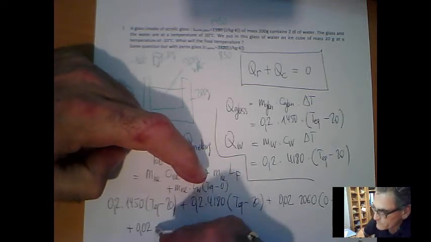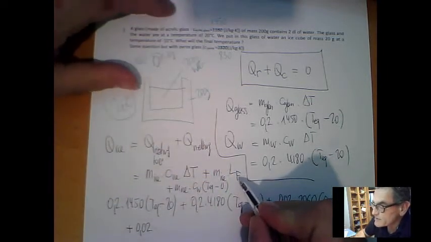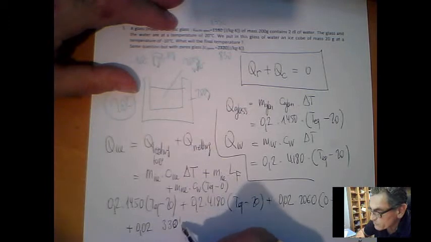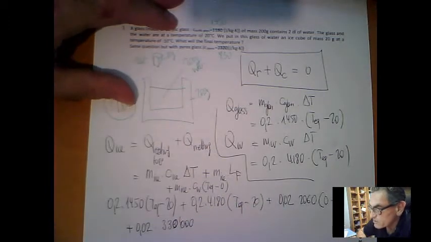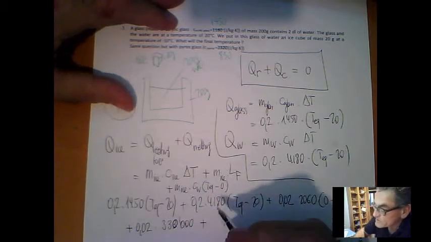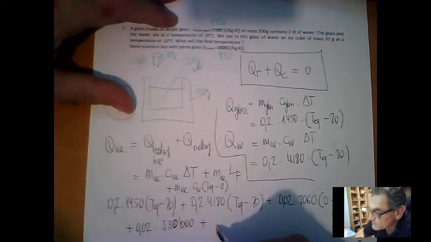This is the mass of the ice times the latent heat of fusion of water. The latent heat of fusion for water is 330,000 joules per kilogram. We saw it before. And then we have this last term, which I was about to forget, but unfortunately I didn't.